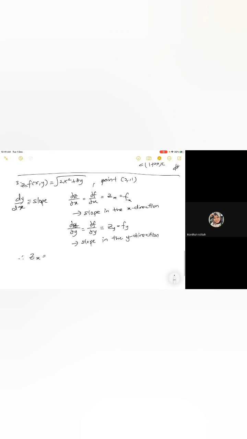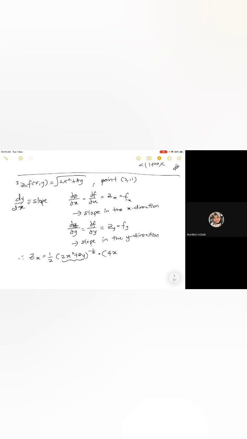So let's see zx. So since it is square root, we differentiate the power of the square root, which is 1 over 2. It will become negative half the power. Then differentiate the inside argument, which is the 2x squared plus 8y with respect to x only. So you will have 4x.